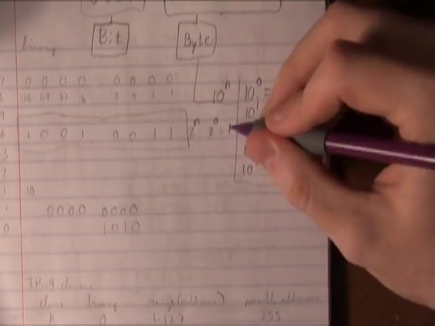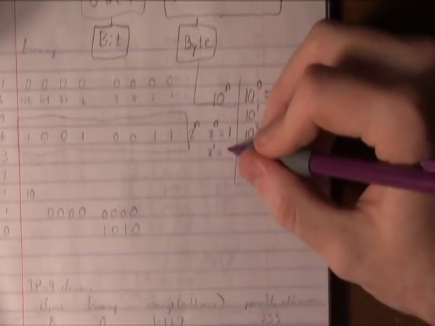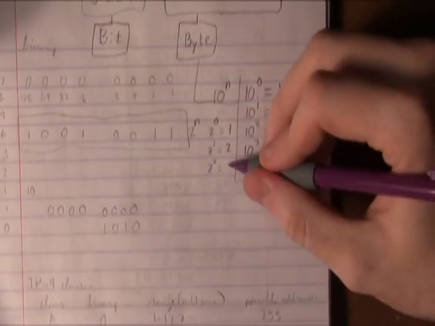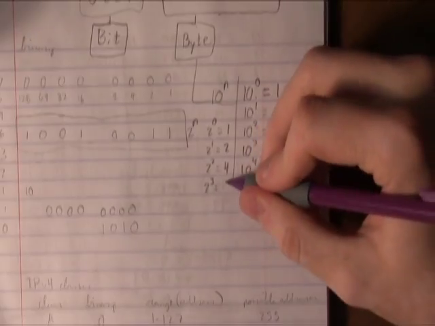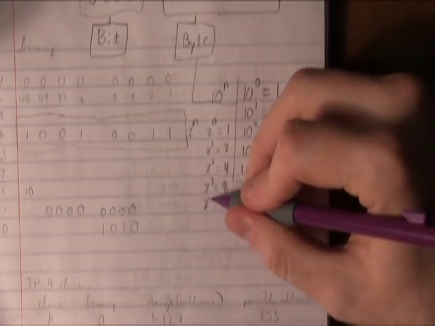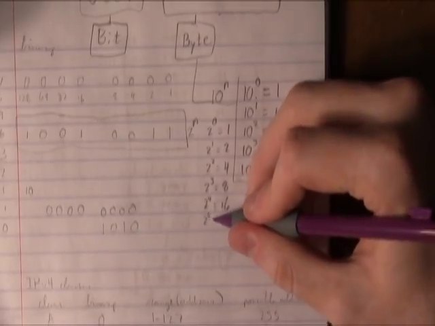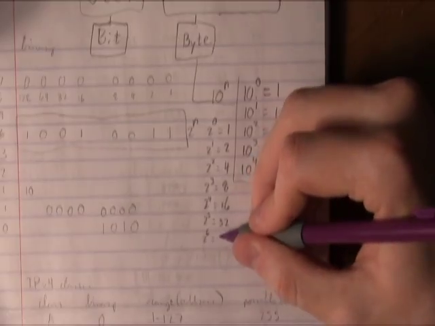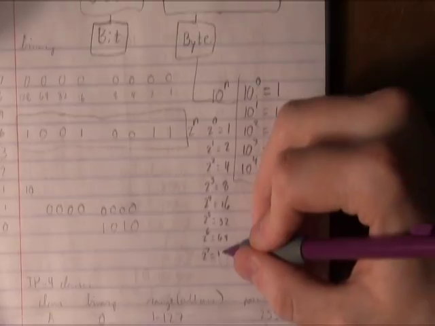Anything to the 0 is 1, so 2 to the 0 is 1. 2 to the first power is 2. 2 to the second power is 4. 2 to the third power, 8. 2 to the fourth power, 16. 2 to the fifth is 32. 2 to the sixth, 64. 2 to the seventh is 128.